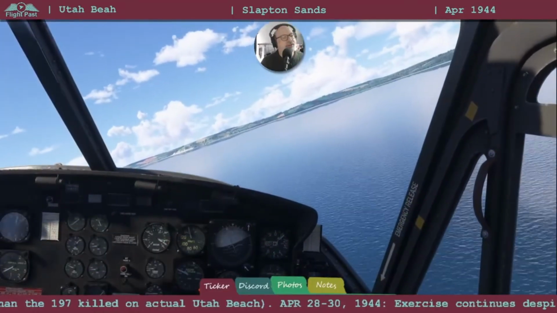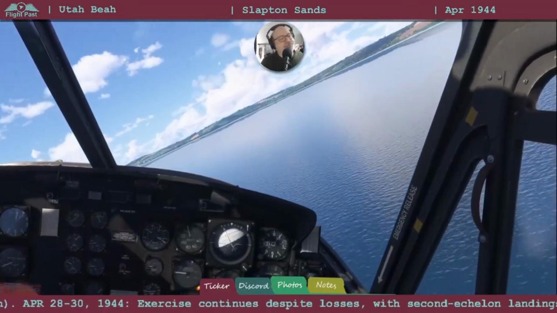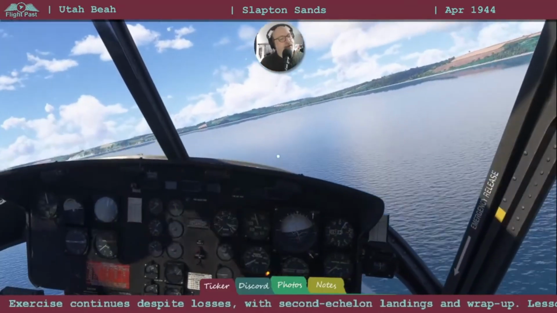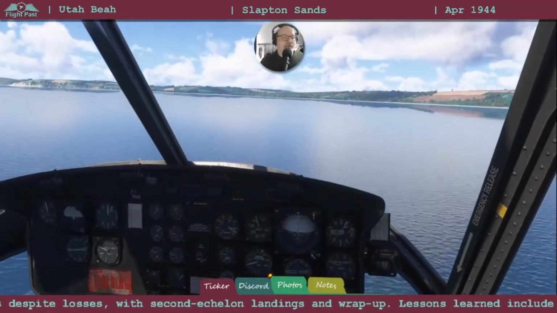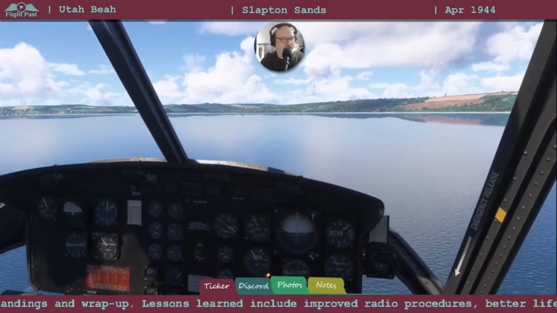So the LSDs would have come in, attacking this beach here. Obviously, when we go to Utah, you'll see that we don't have this height of land.